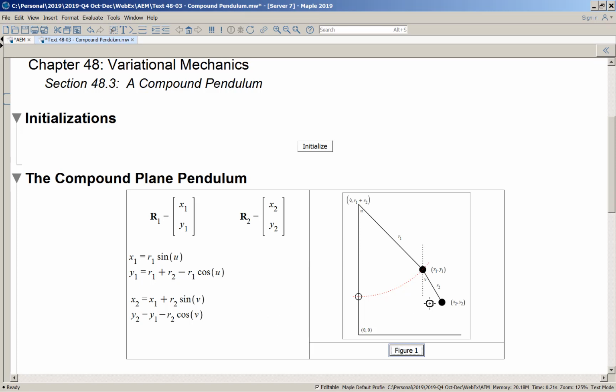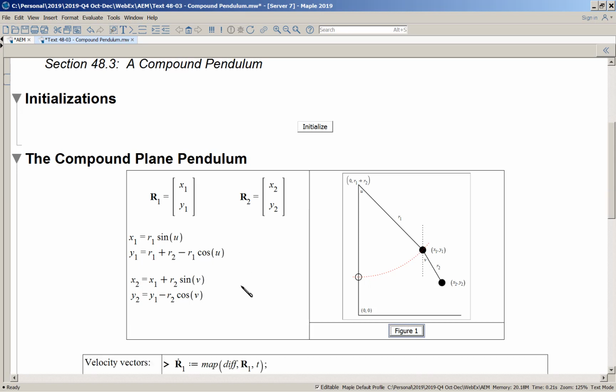Then with respect to x1 and y1, x2 and y2 you can calculate as R2 sine v and R2 cosine v. So here are the coordinates of the two bodies.